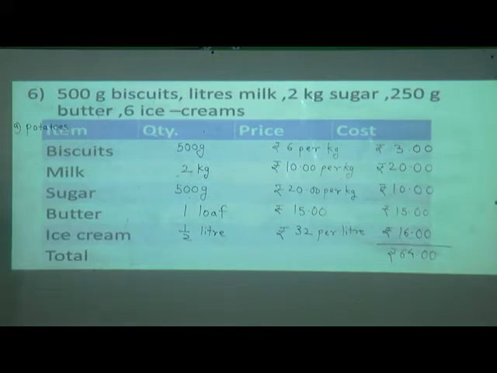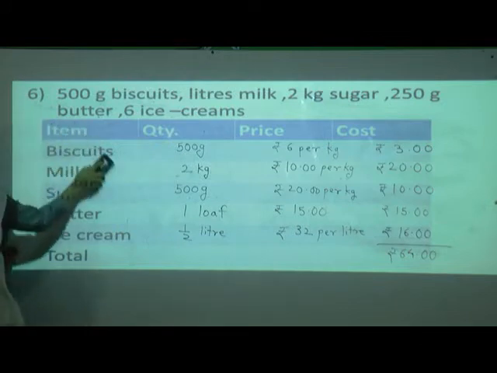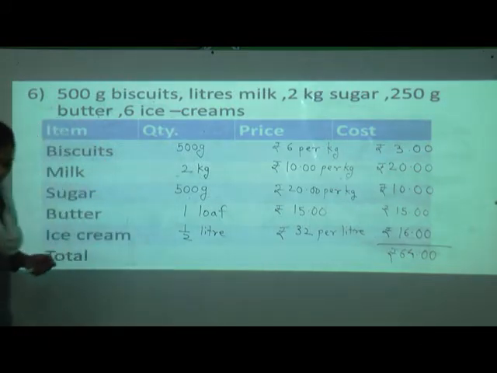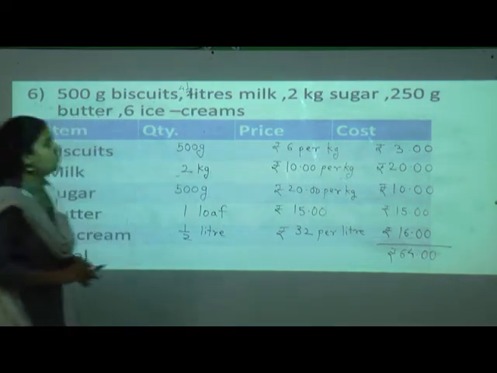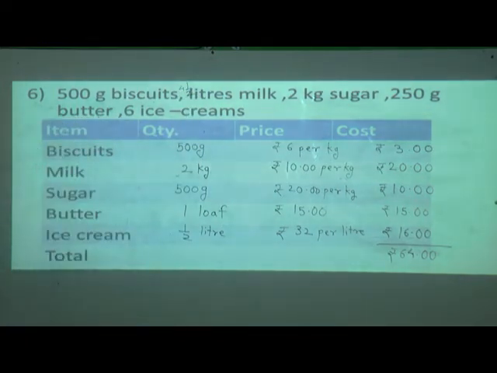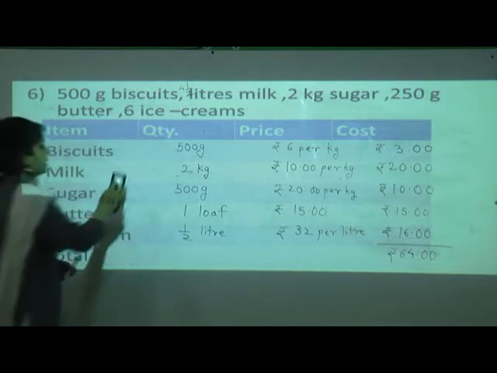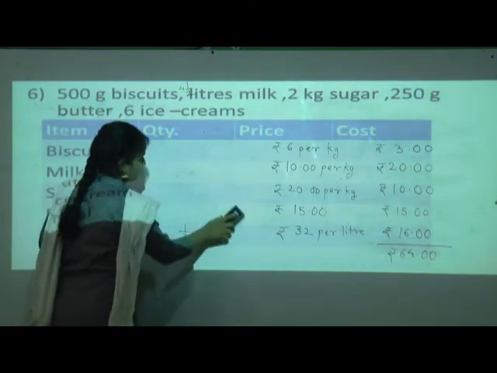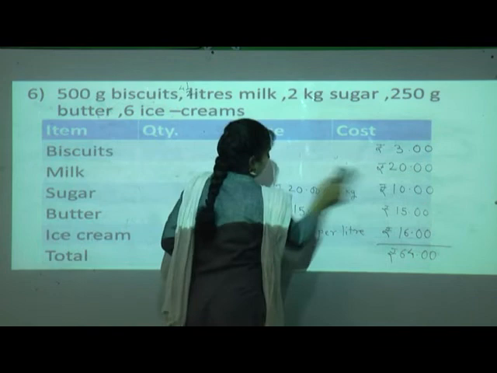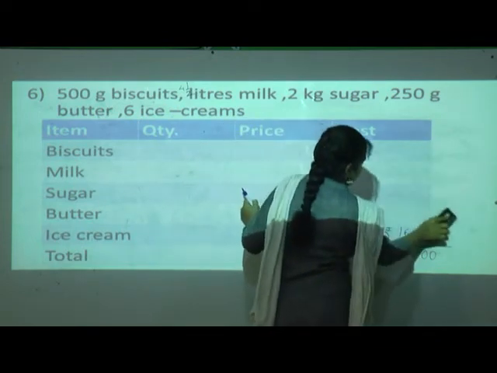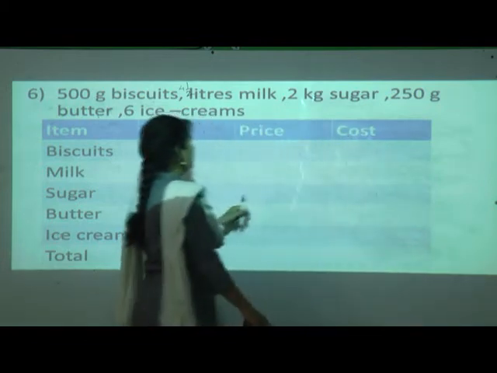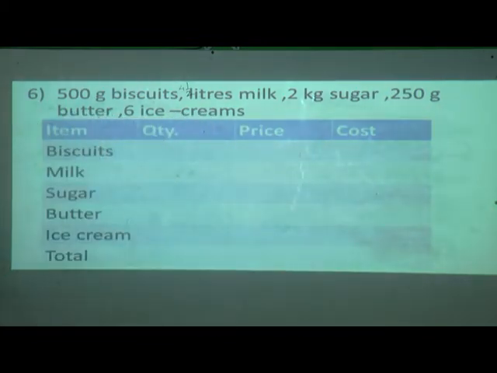Now we will see the next sum. Here 500 gram biscuits and here liter milk, 2 kg sugar, 250 gram butter, 6 ice creams. So same procedure we will do.